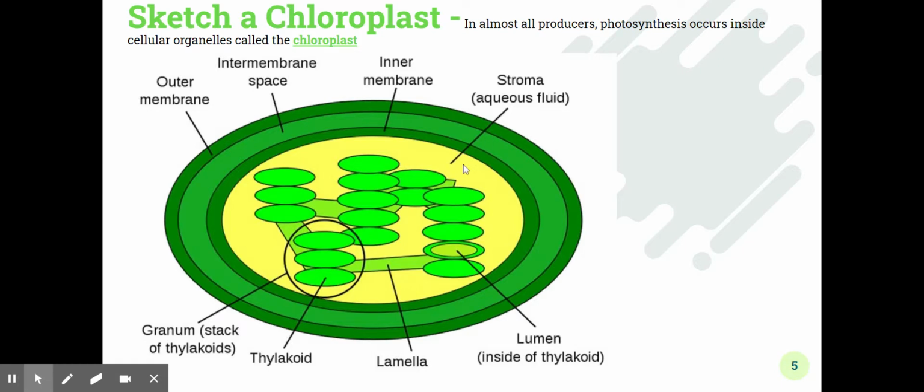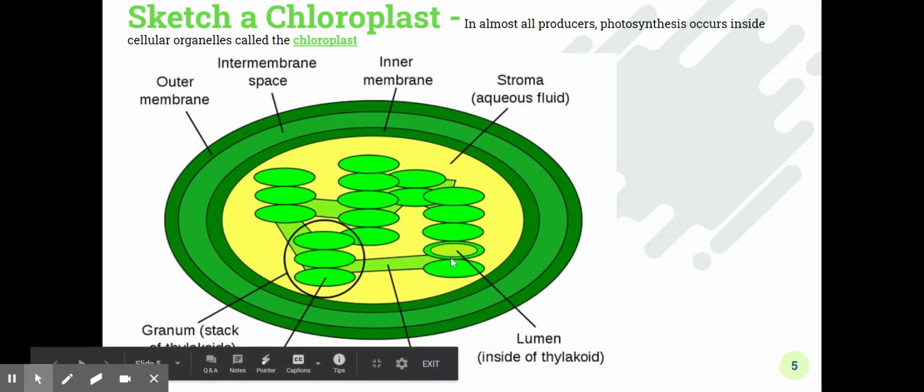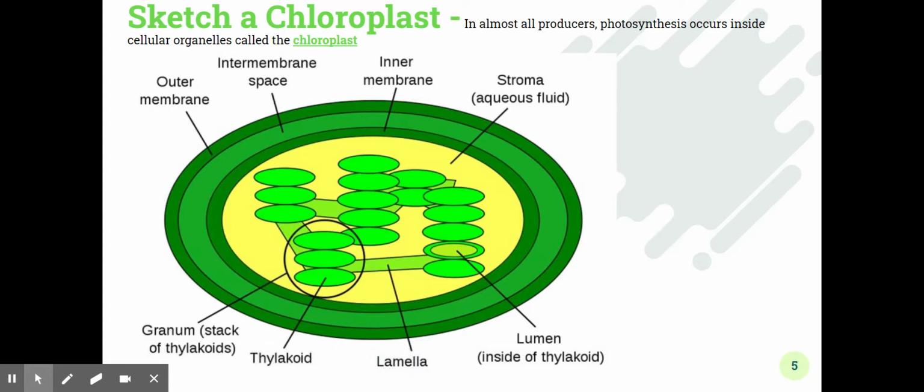We also then have the key pieces of the chloroplast. Oops, sorry, I moved my mouse too close. So you have inside, so these little green stacks, okay, you can see the ones over here circled. The whole stack is called a grana or a granum. One of these little tiny green things is called a thylakoid.